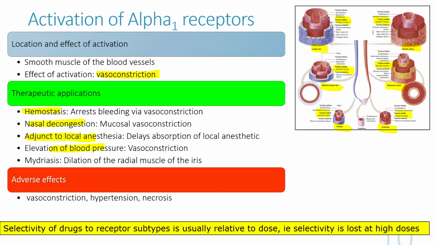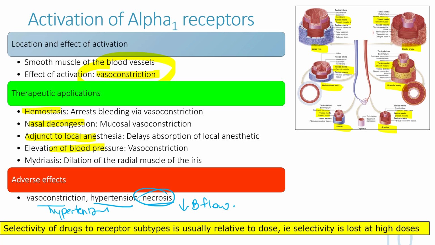In terms of the adverse effects, because it causes vasoconstriction, if the vasoconstriction is too pronounced, it can lead to hypertension. Right. Also, if the blood vessels are vasoconstricted, it can impede blood flow to certain regions of the body and eventually cause necrosis.